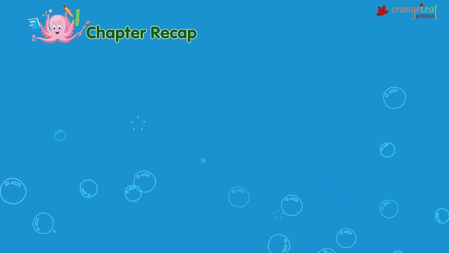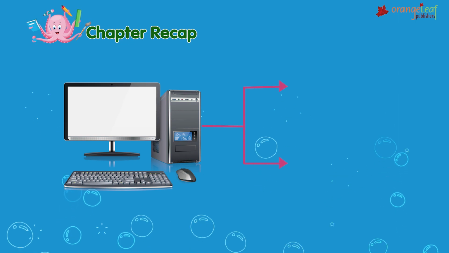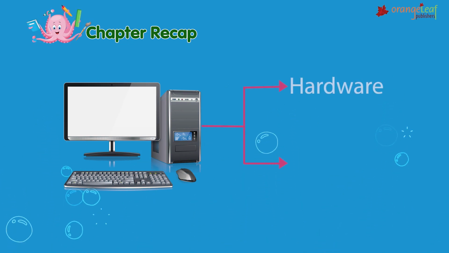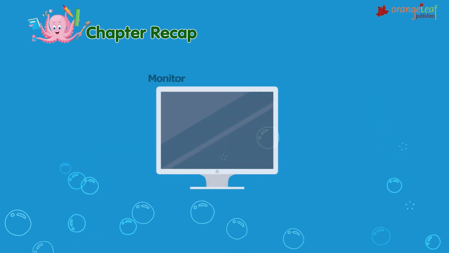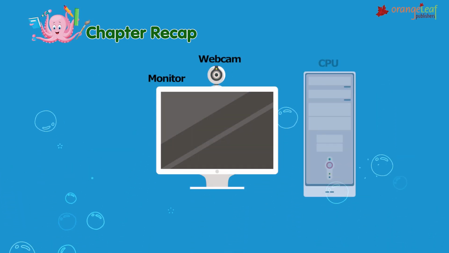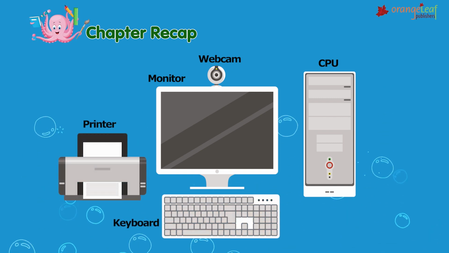Now let's have a quick chapter recap. The computer system consists of both hardware and software components. The visible and tactile components of a computer are referred to as hardware.